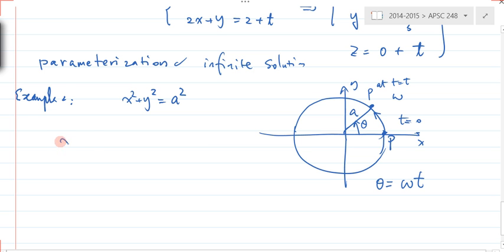Okay, great. So x equal to a sine theta, y equal to a cosine theta. Is that right? You sure? Second look. What's the x coordinate? Oh yeah, that's backwards. Cosine theta and sine theta.